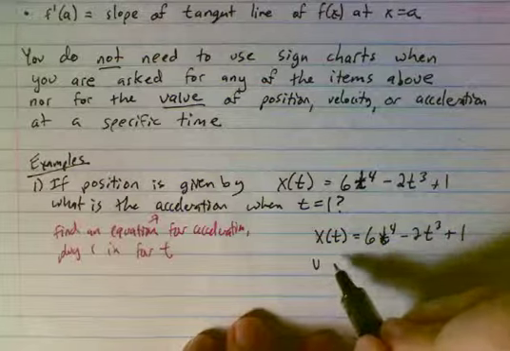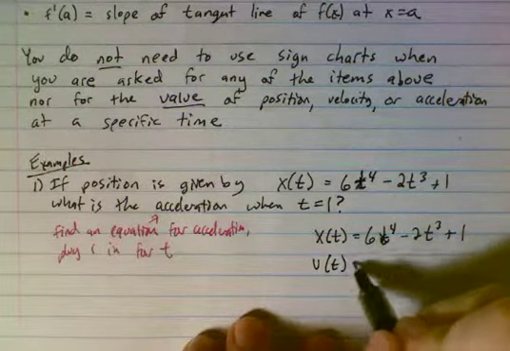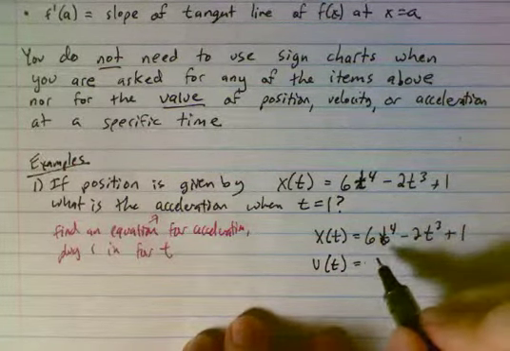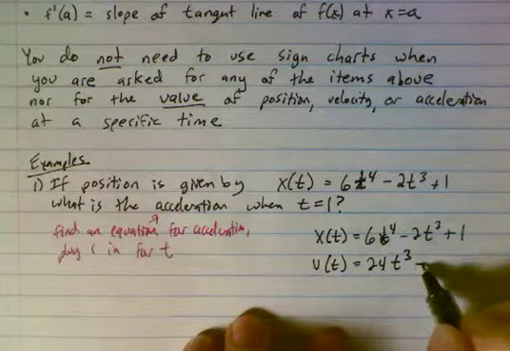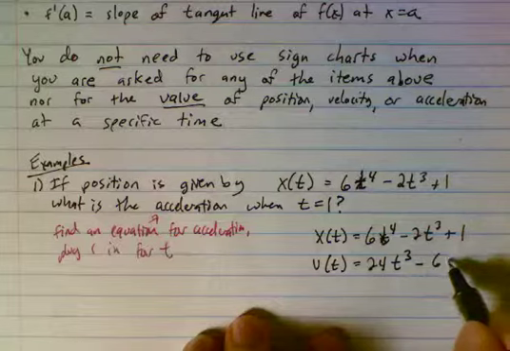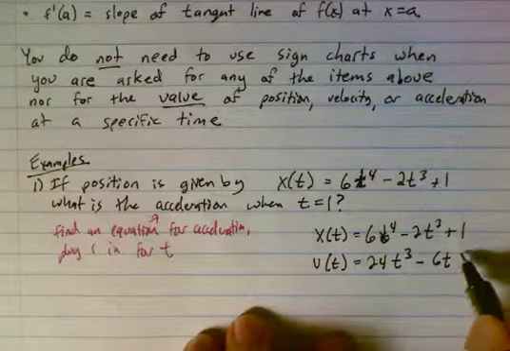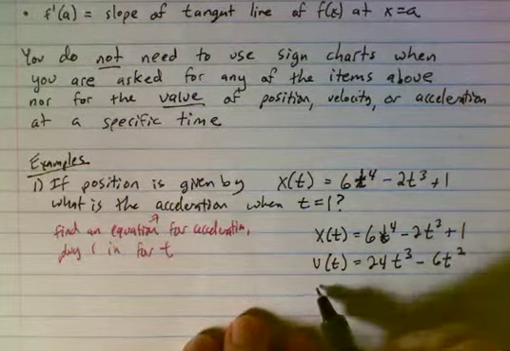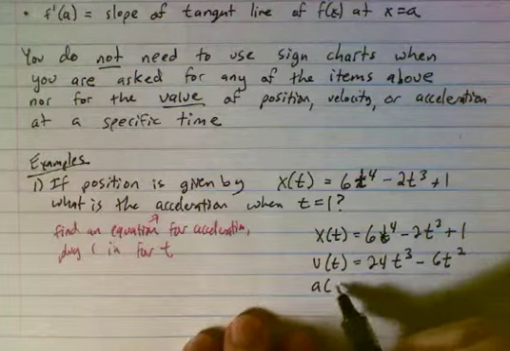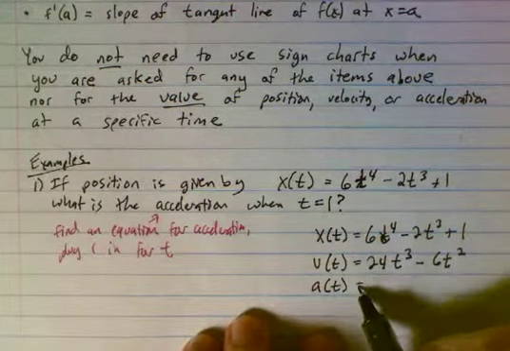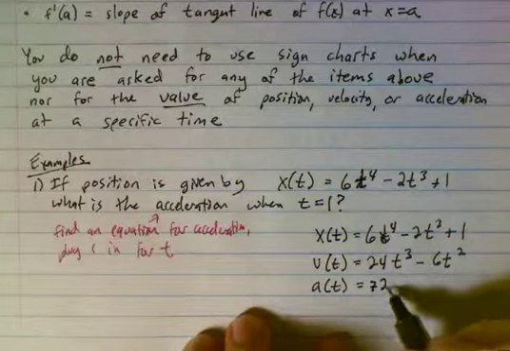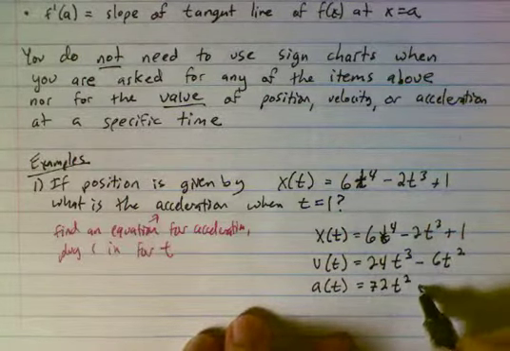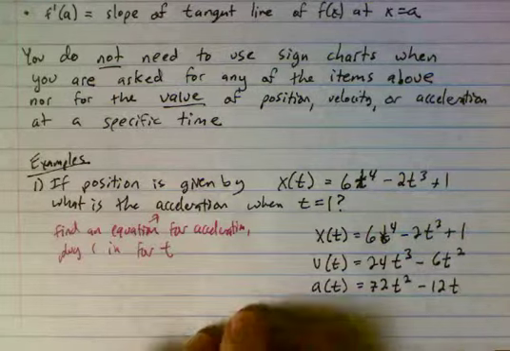The derivative of that is velocity, so that would be 24t cubed minus 6t squared, and then the derivative again gives us acceleration, 3 times 24, 72t squared minus 12t.